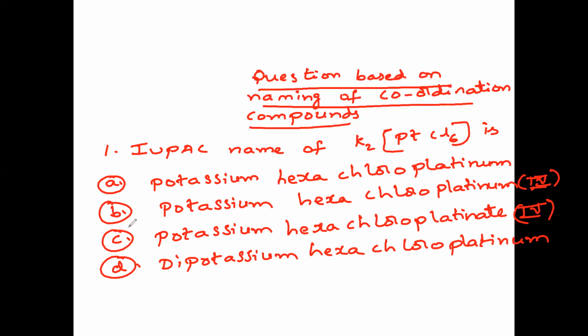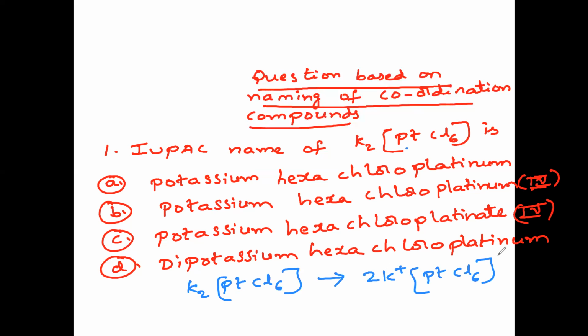How could we decide whether it is B or C? First, we have to see whether it is a cationic complex or an anionic complex. By seeing this clearly, it is K2PtCl6, which dissociates in solution to form 2K+ and PtCl6 2-.